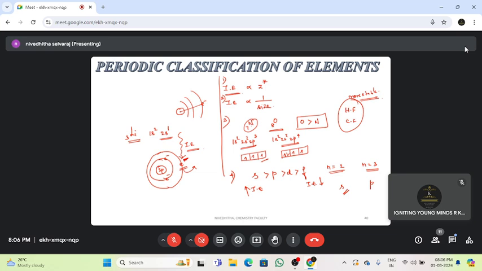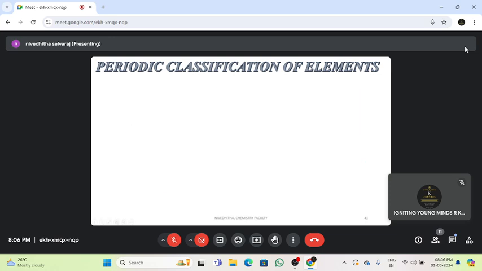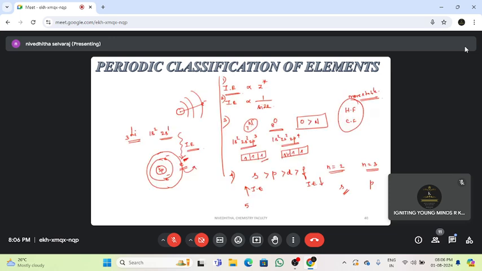Is that clear? And finally, there's another factor: the number of inner electrons. Now tell me, if the number of inner electrons is more, is it easy to remove the valence electron or not?